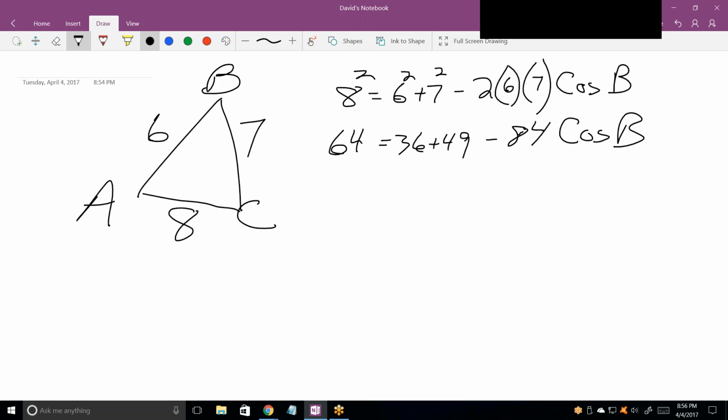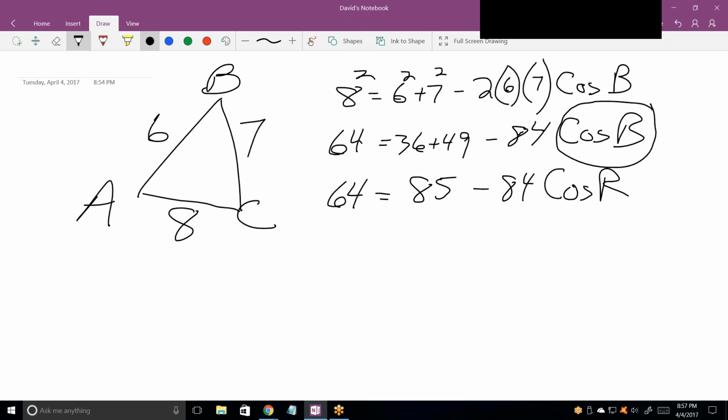The only unknown is that. Everything else is a number. So I'm going to be able to solve for B. Okay, let's do it. We got 64 equals 85 minus 84 cosine of B.